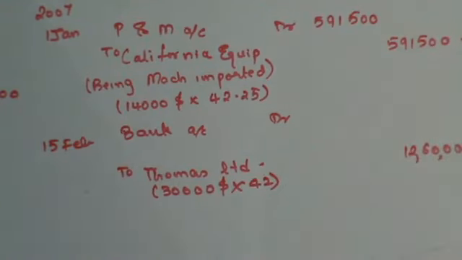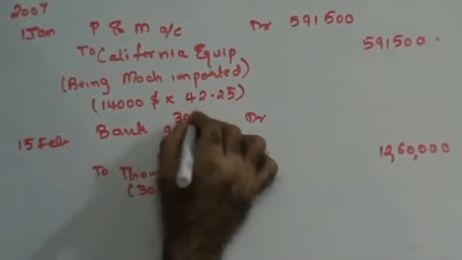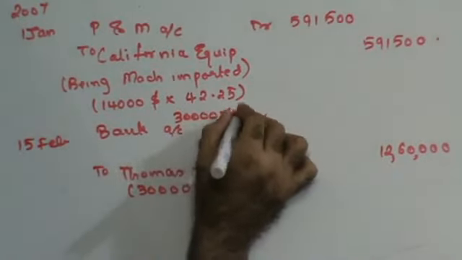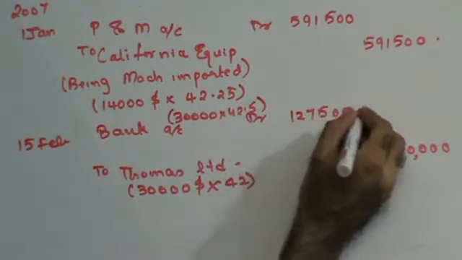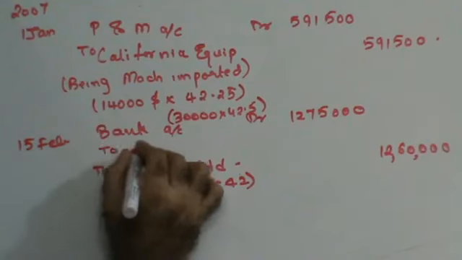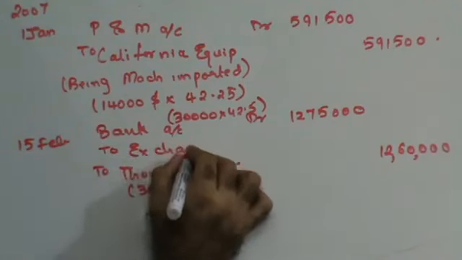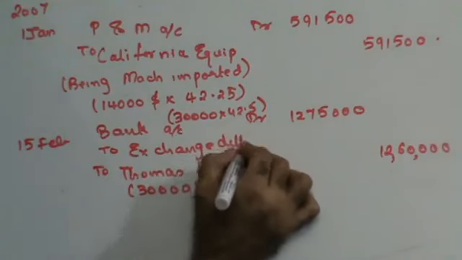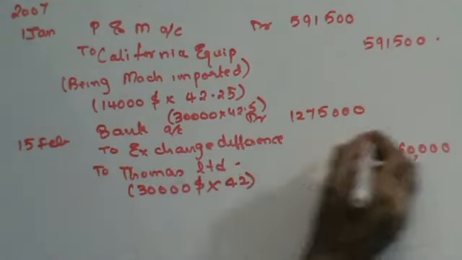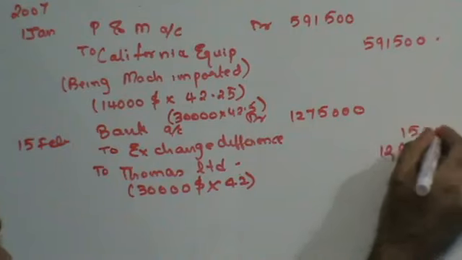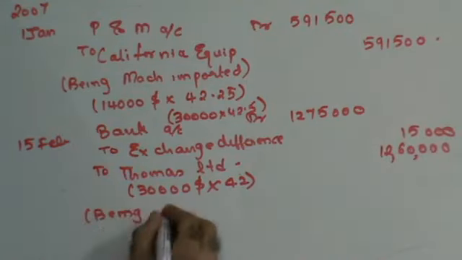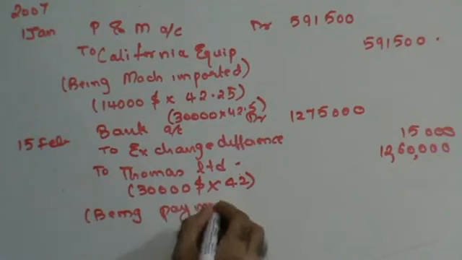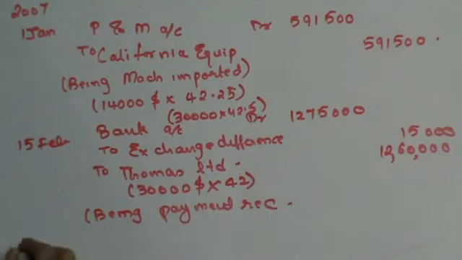On the date of the payment on 15th Feb, the rate is 42.5, so 12,75,000. The difference is going to be exchange difference, 15,000, being payment received.